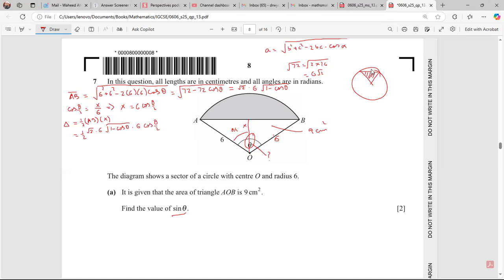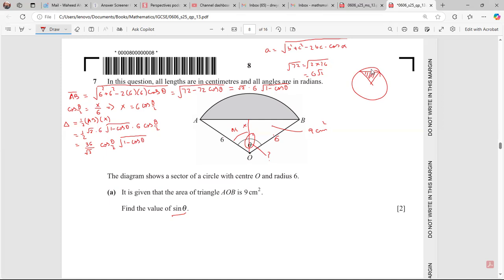So 6 times 6 is 36, and divided by the square root of 2 it will become 2 in the denominator, into cos theta by 2 times the square root of 1 minus cos theta. I hope up till this point there is no confusion. Did I do it right? I think yes, it's correct.